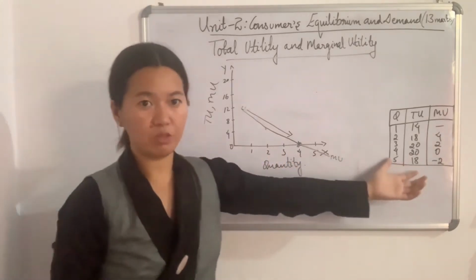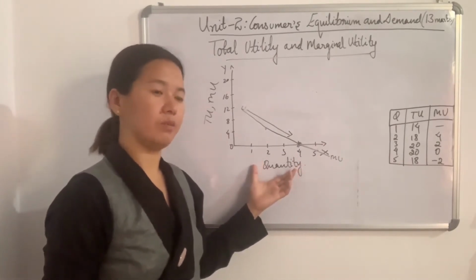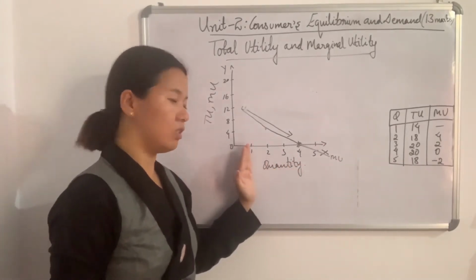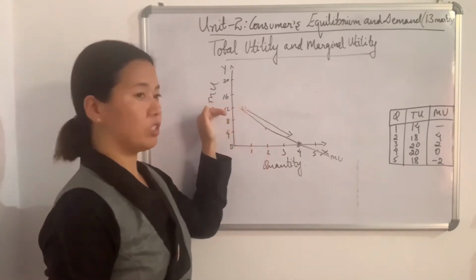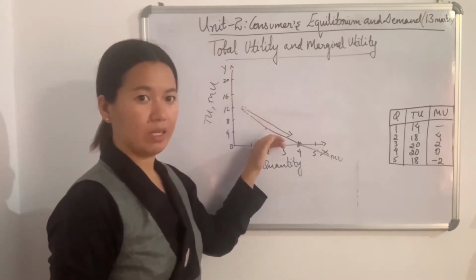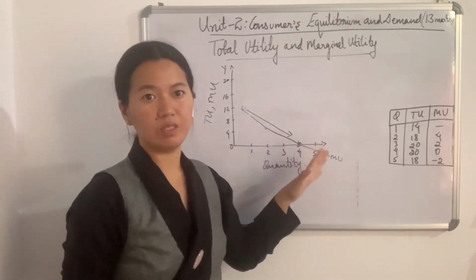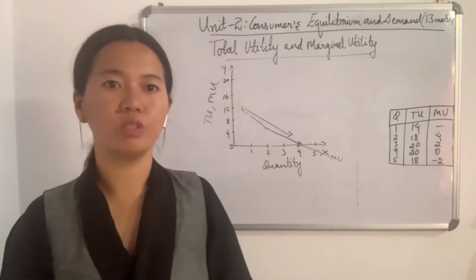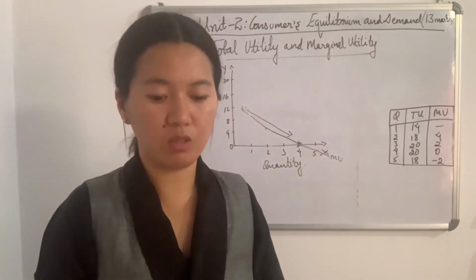You can use the same schedule and the same diagram. Here you can see that as I consume one more unit of the commodity, my marginal utility tends to decline. It becomes zero and then it becomes negative. This is the diagram for the TU and MU relation and also the law of diminishing marginal utility.